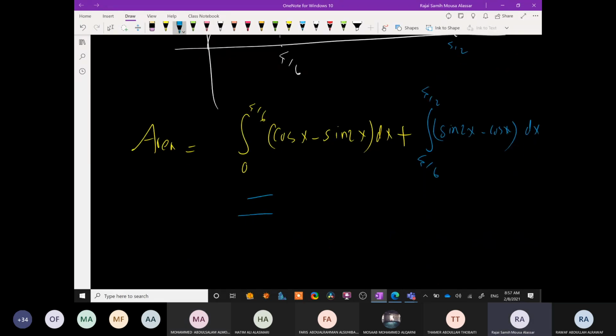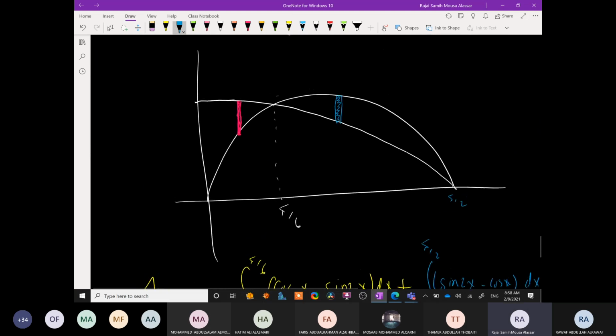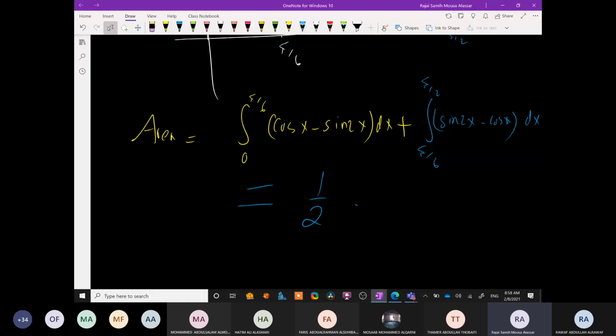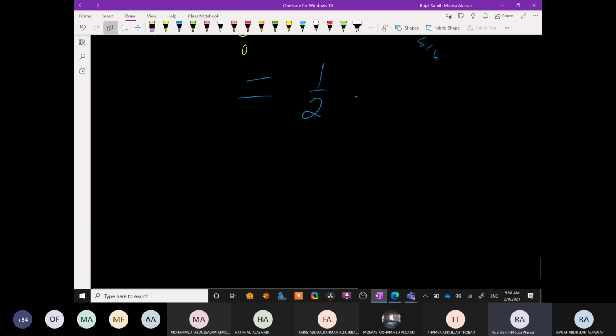This is quite trivial, and you'll see that this is 1/2. So this area plus this area is just 1/2. Okay, that's easy. The interesting thing here is that you identify where you want to stop really, those limits of the integral.